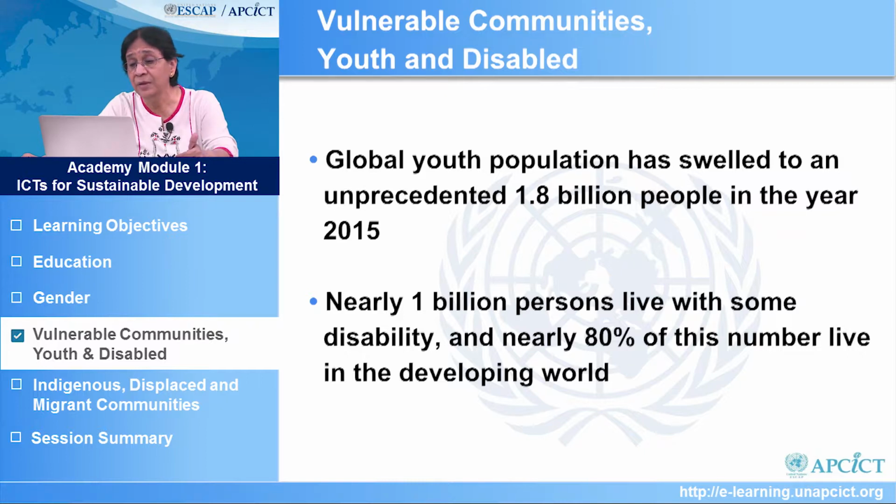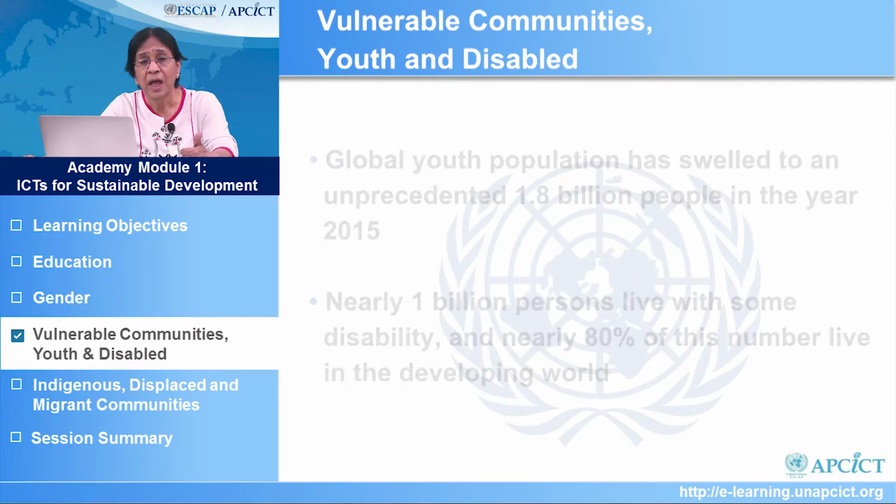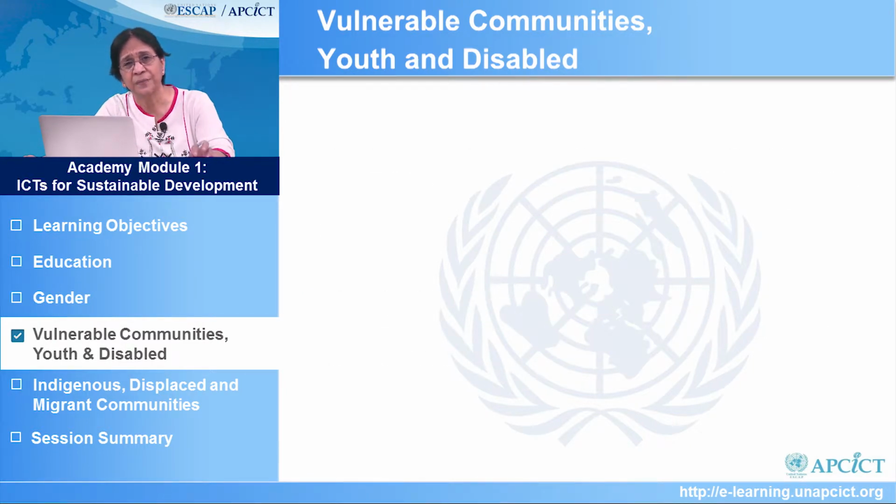At the same time, nearly 1 billion persons in the world also live with some disability, and nearly 80% of this 1 billion, that is 800 million, live in the developing world, a large proportion of which is in the Asia Pacific. There are very few initiatives that focus exclusively on disabled youth.